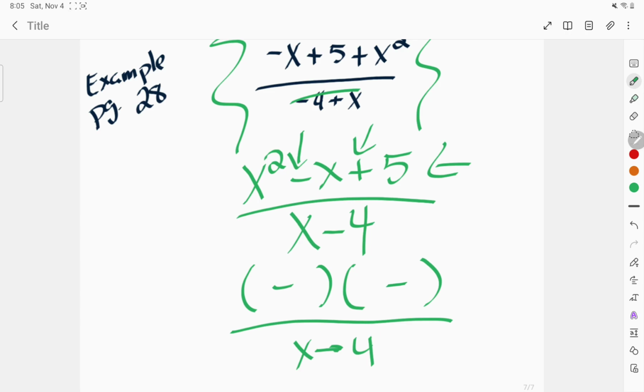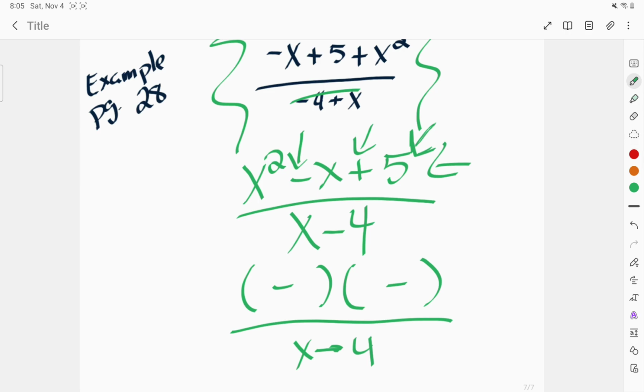All right, so now when you look at this and you see that both the signs are the same, when you do your full method, do you end up adding these or subtracting them? So you end up adding them, and the only factors of 5 are 1 and 5.